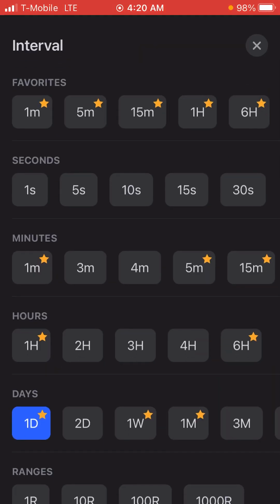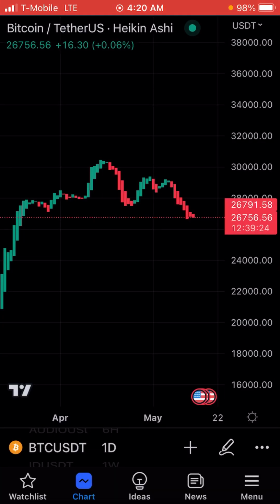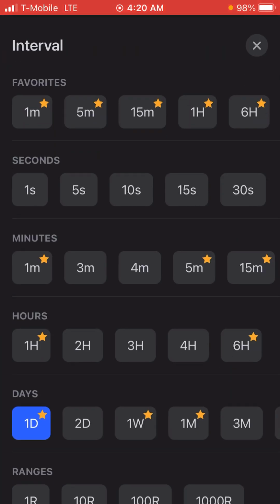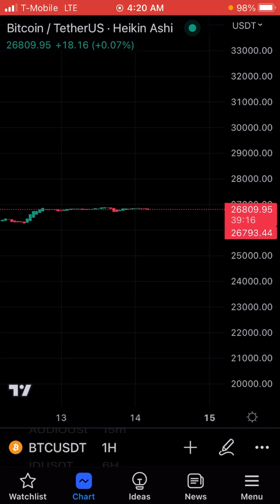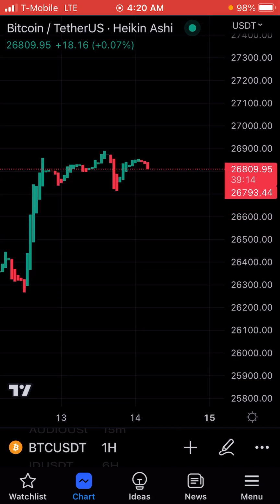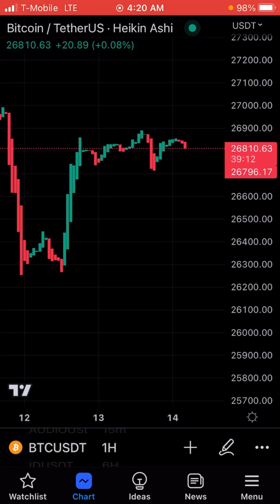So let's just go to, I like using the hour. Let's see, the hour. Yeah, the hour works the best. And I'm going to be using this without any of the other indicators, because I just want to show you guys what you get with the Infinity Algo indicators.